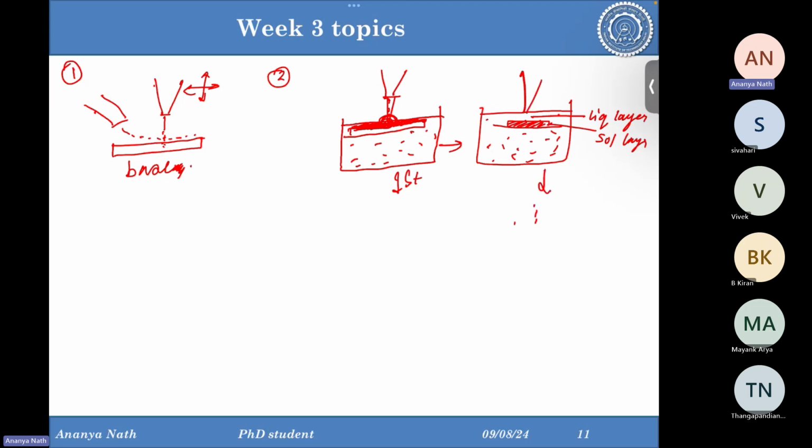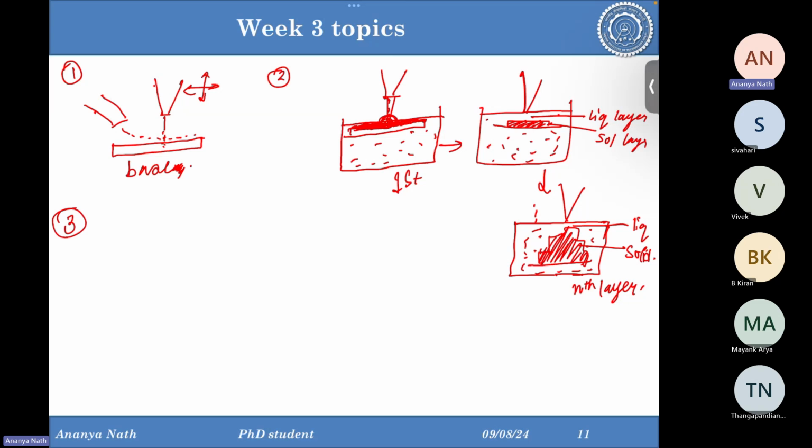This is how, until the nth layer, the build plate will keep moving down by each layer thickness, and you will have the whole material printed below the vat. Again, this is the liquid layer and this is the solid layer. So this is how the top down approach works.